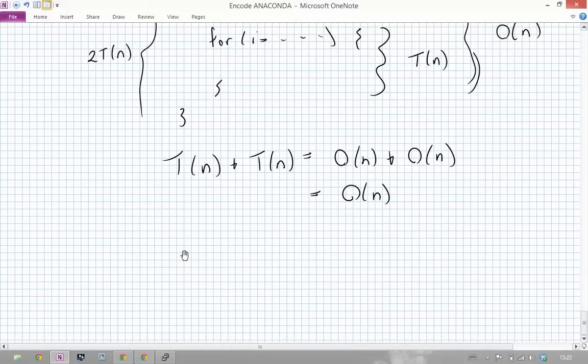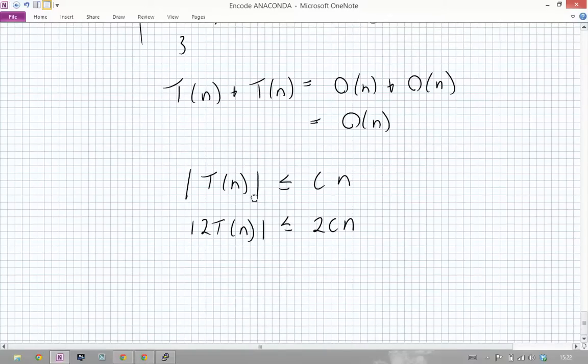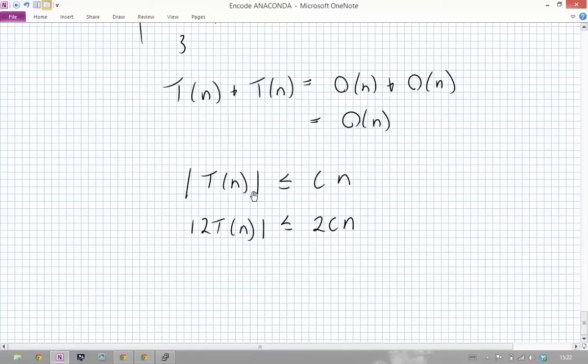T(n) is less than or equal to some constant times n, right? Multiply both sides by 2. And one positive constant is as good as another positive constant. And so this is still big O of n.